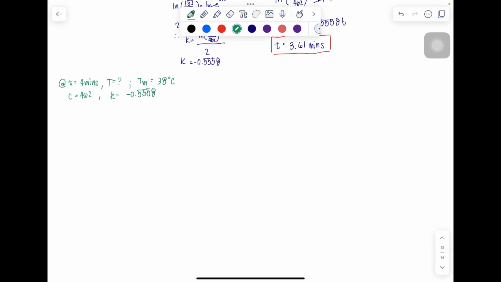So substituting, you have T is equal to 38 plus 462 e to the negative 0.5558 times 4. So pretty straightforward. If you calculate that, the temperature is 88.0171 degrees Celsius.